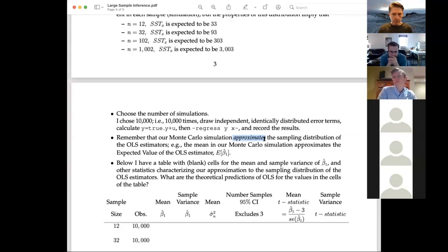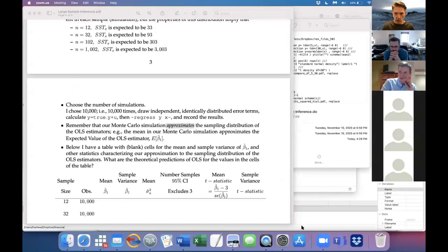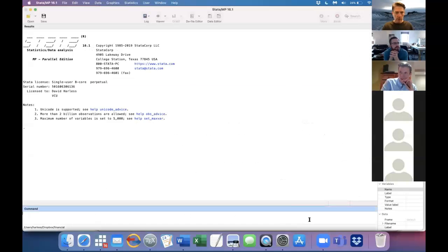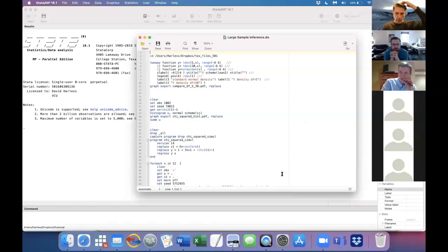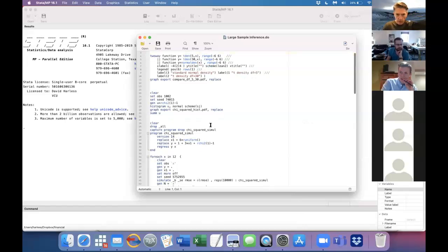So I hope I've worked out my problem with my iPad. What we need to do, so this is an actual experiment, is we need to go over and look at my Stata, so you can shout out some, so you can set the seed.